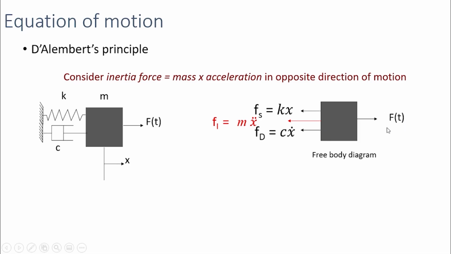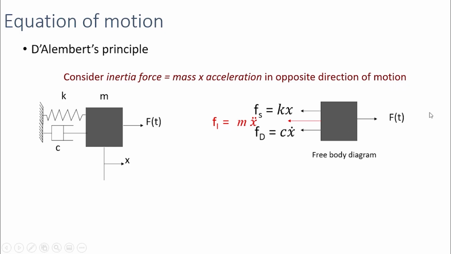Here, as we have drawn earlier, we have the force acting in the right direction, and the restoring forces in the opposite direction, that is the stiffness force equal to kx and the damping force equal to cx dot. According to D'Alembert's principle, we need to apply one more force called the inertia force, equal to mass times acceleration in the opposite direction of motion.